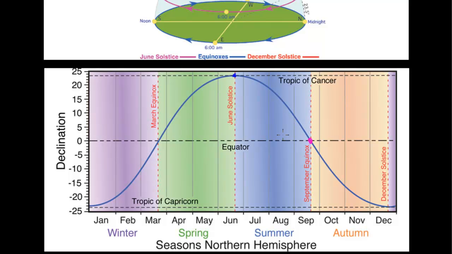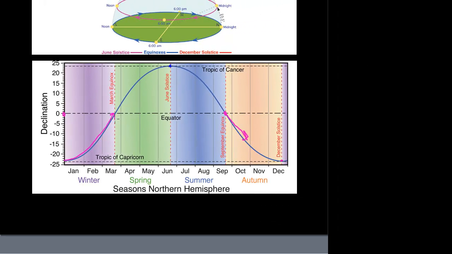Then you get to the equinox, where it is basically 12 hours above and 12 hours below, and then it continues to shrink, getting lower and lower until we get to the winter solstice, where the northern hemisphere receives the smallest amount of sunlight. Then it gets higher and higher as it moves up. So it has to do with the angle of the sun and how many hours of sunlight you get.